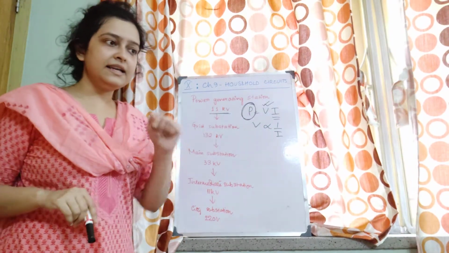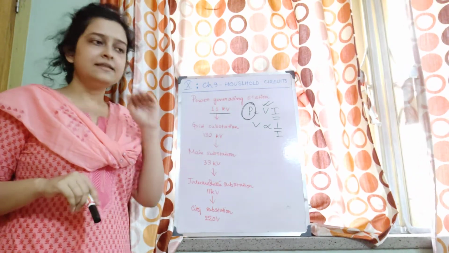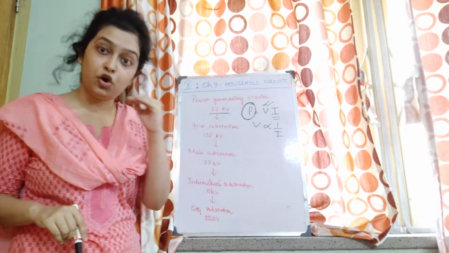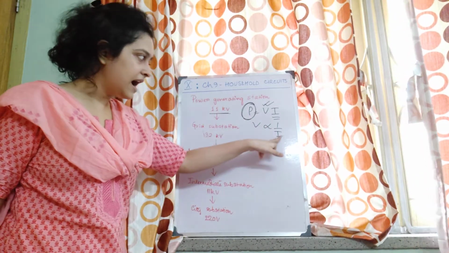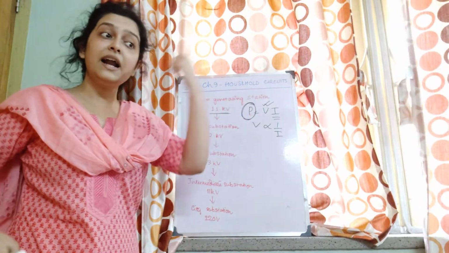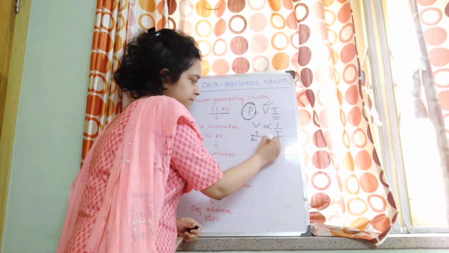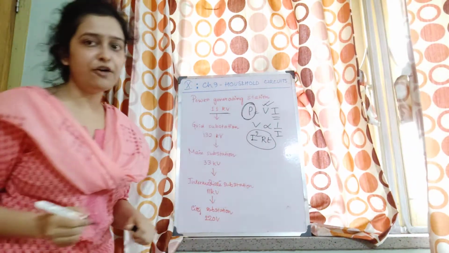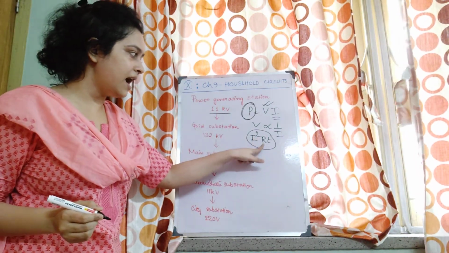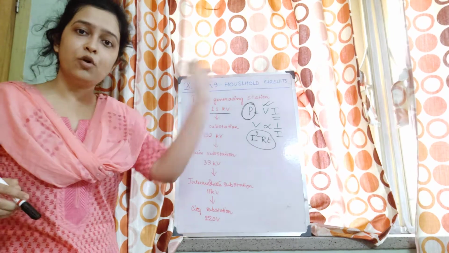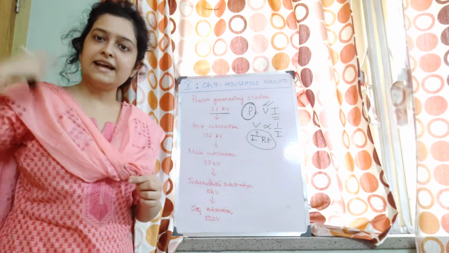So suppose the power is generated at a very low voltage: V is less, I is more, current is more. Do you remember, the heating effect of current is directly proportional to I squared R t. So if current is more, the value of this expression is more.